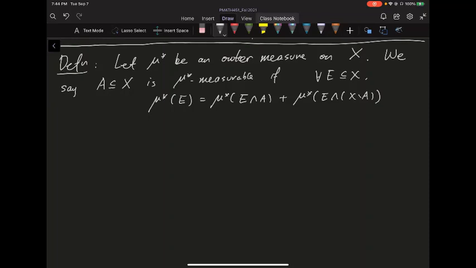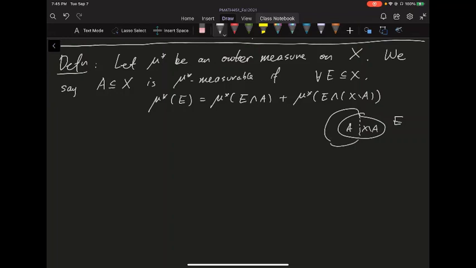We say a set is mu star measurable if it satisfies the following. Basically, if I have any E inside X, so here's E, I can divide this E into two parts. One is coming from A, and the other is coming from the complement. So A can be some set over there.